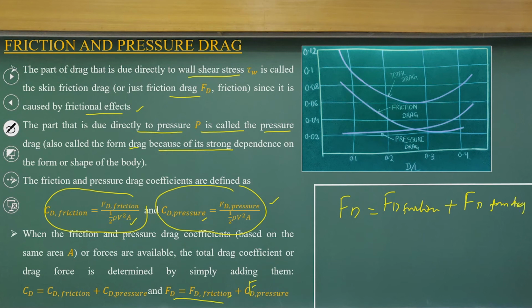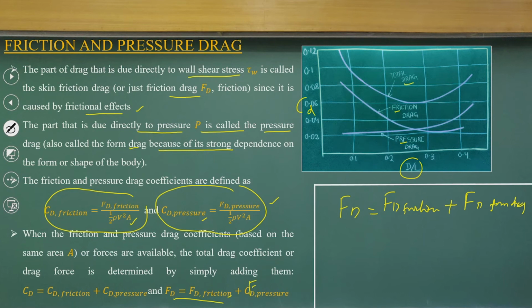Now, if you look at one of the very simple examples, how the drag coefficient Cd varies, the friction drag and the pressure drag vary as we change the d by L ratio of a flow system.